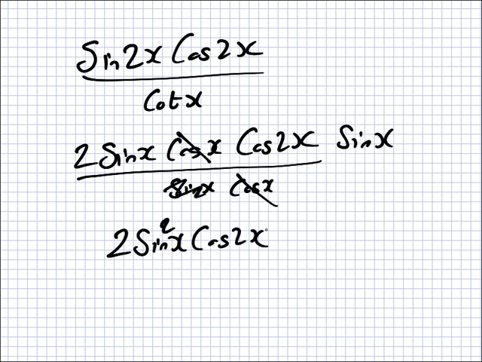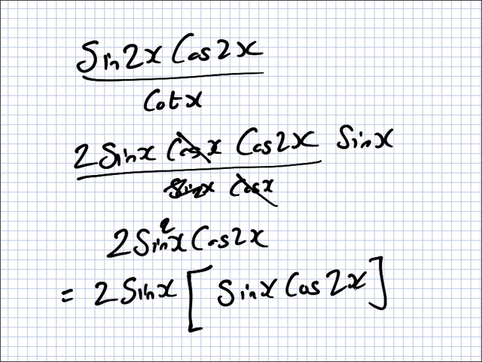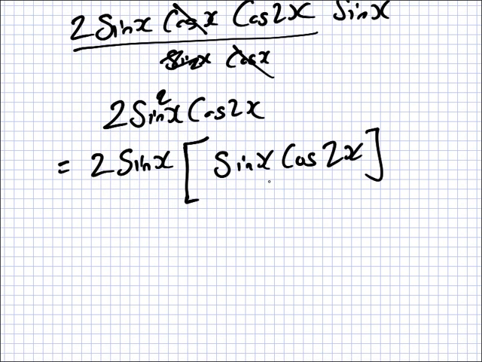Now I need to try and think, is there any way I can match that up with one of these? How can I get a 3x here? I'm going to take, actually, do you know what? I'm going to take the sine x out, and I'm going to leave this as sine x cos 2x. I know what to do.